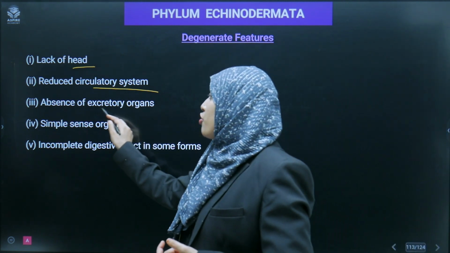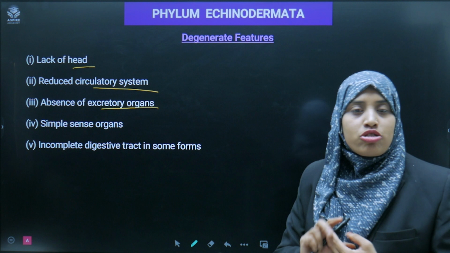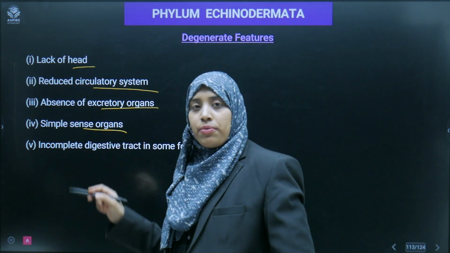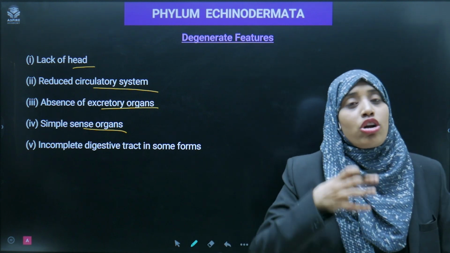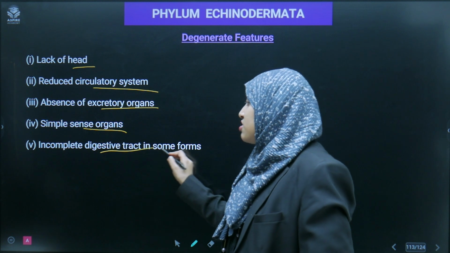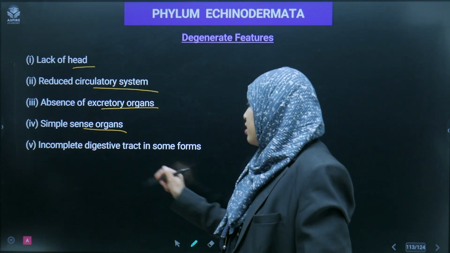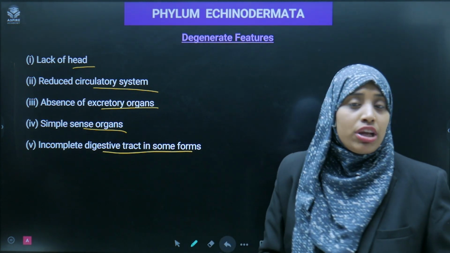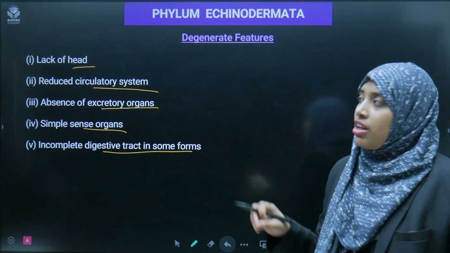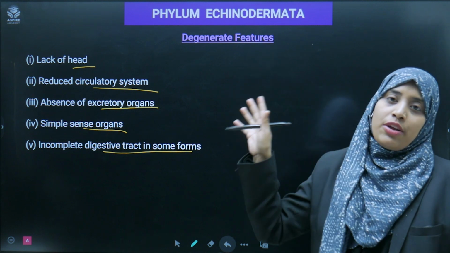Absence of any excretory organ. There is no excretory organ. And simple sense organs are also there, not some special type. Another thing is an incomplete digestive tract in some of the forms of echinoderms. So these are the degenerative features that are very common in echinoderms.